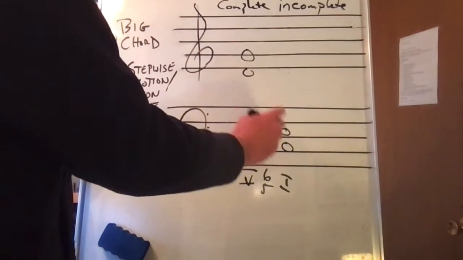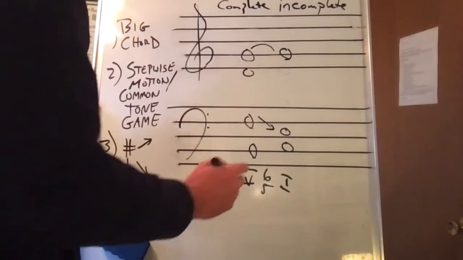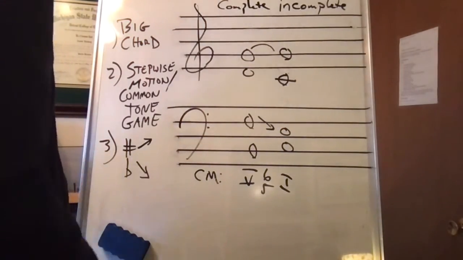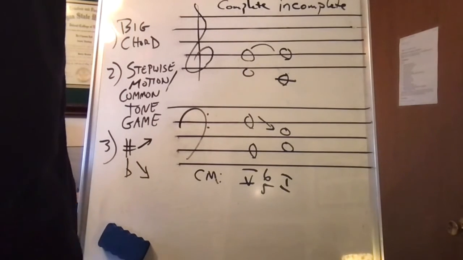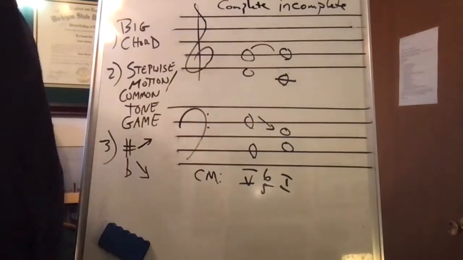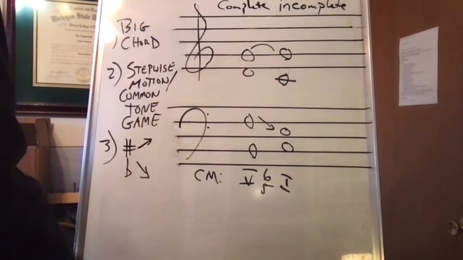And then here I have a common tone G. And then again, I prefer to double. If I had a choice between doubling my root and my third, I'd rather double my root. Going to the third would not be wrong, but again, I prefer that. So look at this. There's no leaping at all. There's absolutely no leaping at all in this example. You can pause that, hit the space bar.